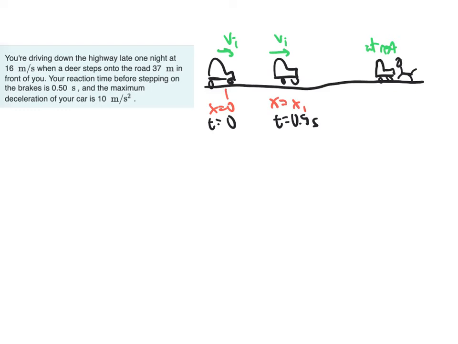And then we want to say that we end up at x2, right at the deer, and we'll know the value of x2. All right, if we go over here, our x2 is now 37.